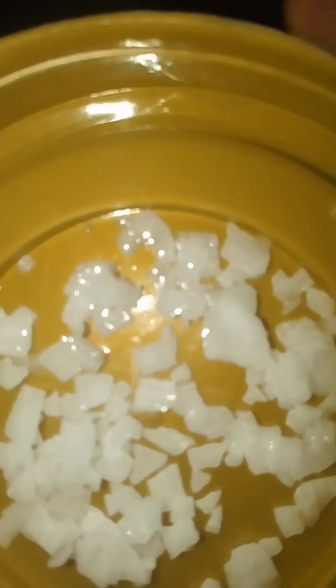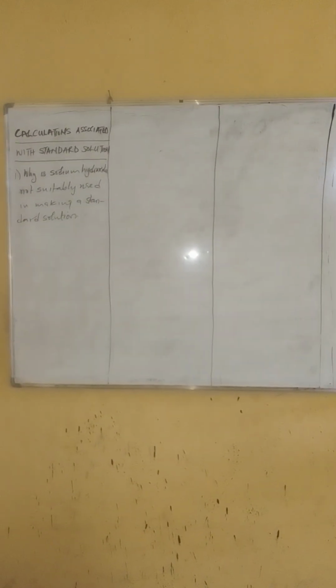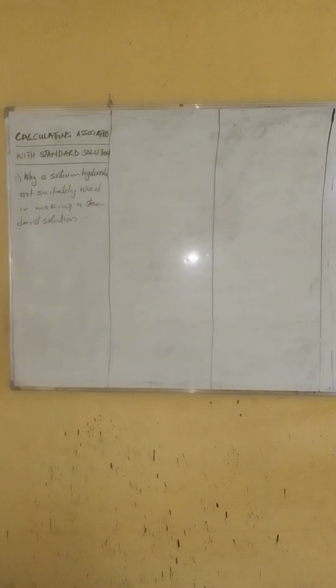But because sodium hydroxide is deliquescent, and you can see it now, it's already sweating. It's already absorbing water from the atmosphere and dissolving inside the water. So because of that, sodium hydroxide, and any other hygroscopic or deliquescent substance, cannot be suitably used to prepare a standard solution.